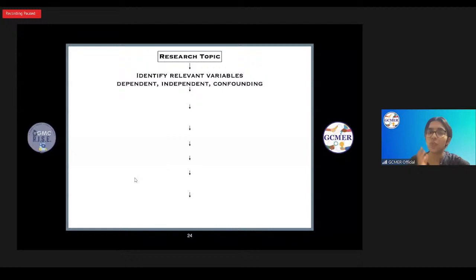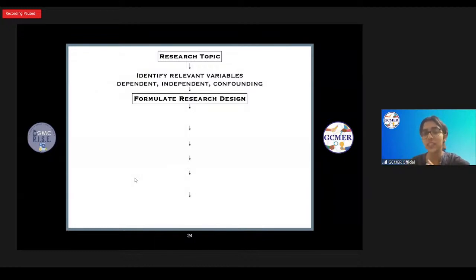So age, weight, height are all independent variables because these are not determined by any other variable. But something like the length of a disease, these are all dependent variables because they are depending on certain factors, which is exactly what we are trying to research, right? So those are dependent variables.